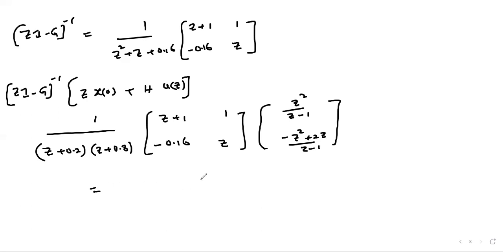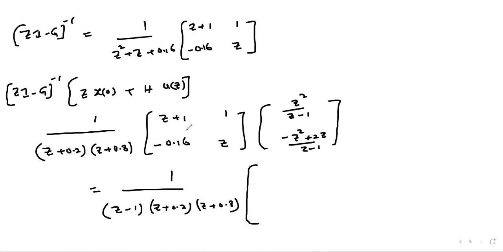When we multiply them out, we notice we'll have three terms because of the Z minus 1, as 1 over Z minus 1 into Z plus 0.2 into Z plus 0.8, into the terms Z plus 1, 1, negative 0.16, Z, multiplied by Z squared and minus Z squared plus 2Z.